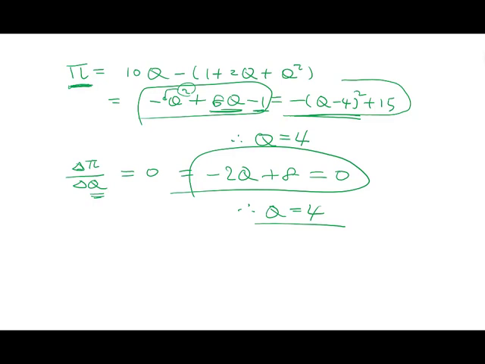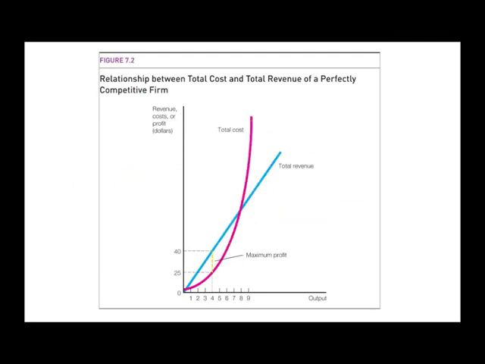And then you can also figure out what's going on when you do this optimization by looking at the graph of total revenue and total cost, which is given in figure 7.2, and the profit function given in 7.3. Figure 7.2 shows you the total revenue and total cost curves. Total revenue, which is 10 multiplied by Q in our case, is a straight linear curve as you see in blue ink.